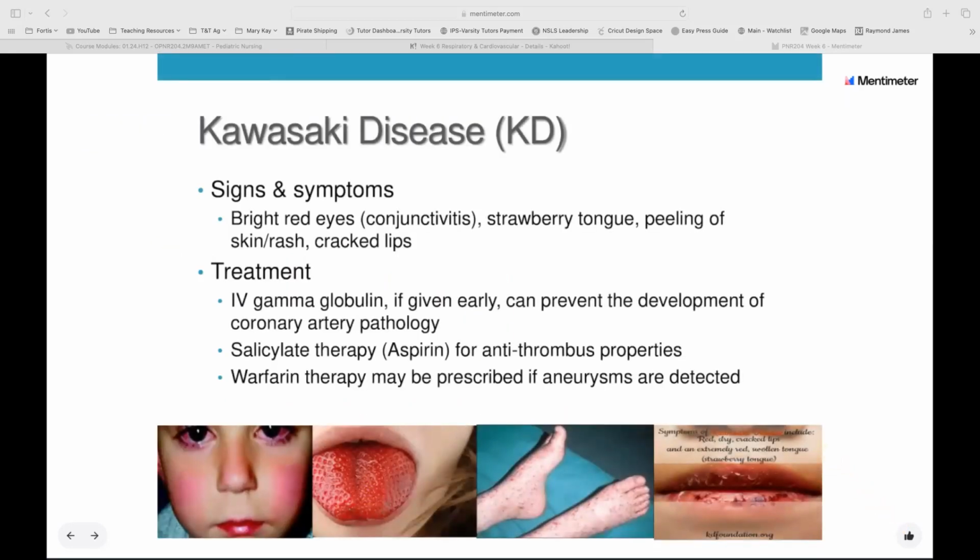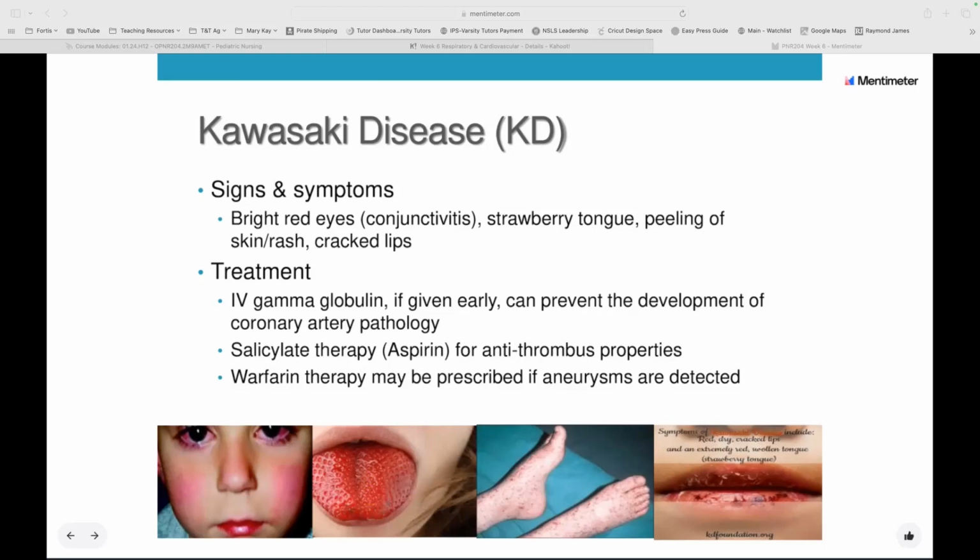The last thing we are going to talk about is Kawasaki's disease. So this is an illness with an unknown cause that typically presents after a viral infection. So we diagnose this solely based on the signs and symptoms. We don't have any specific labs that we can do to tell us that you have Kawasaki's, but the disease causes inflammation of the vessels throughout our cardiovascular system.